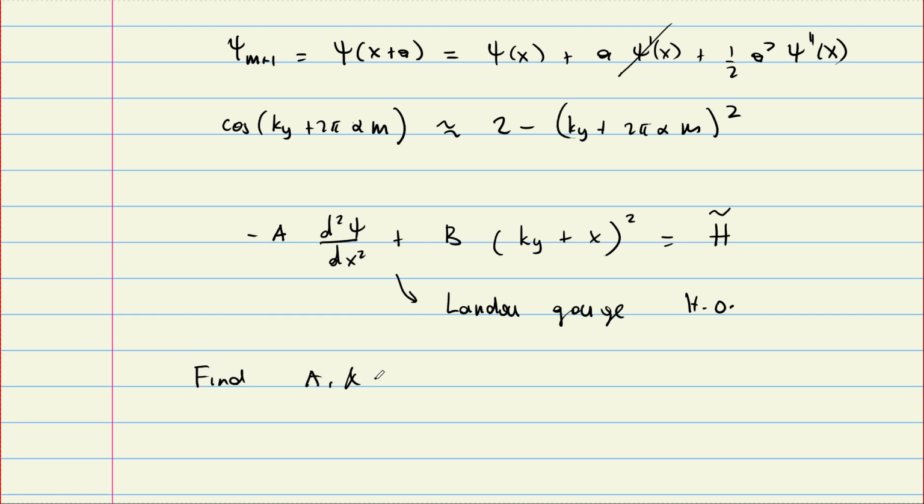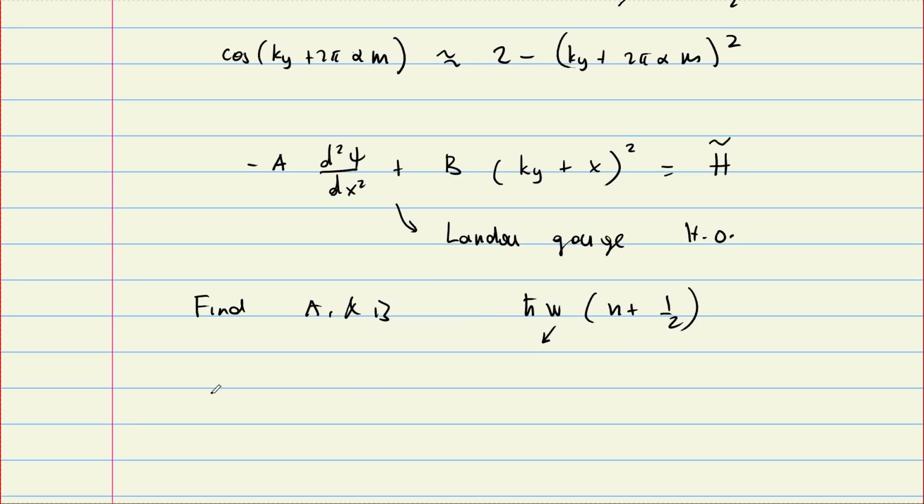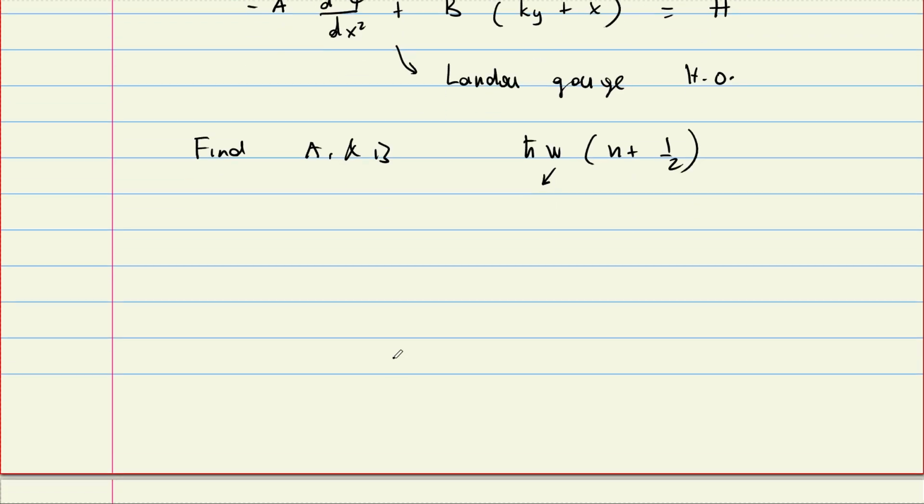And from here, you find A and B, and also you write the spectrum immediately, right? H bar omega times n plus a half. You also find what omega is, right? This is a little bit in disguise. And once you do that, you know these Landau levels are going to be linear, right? For example, this is the first Landau level.